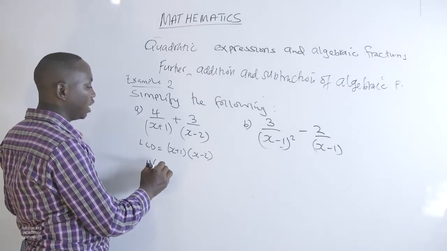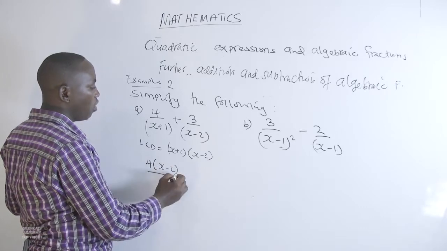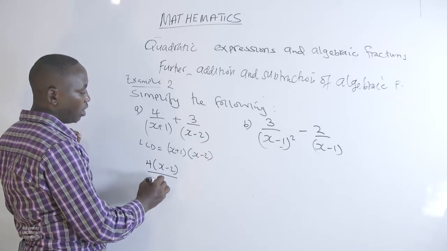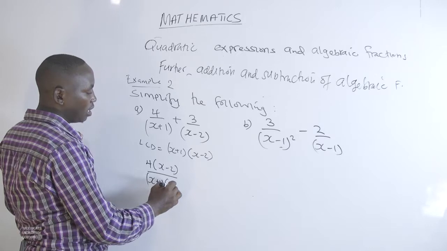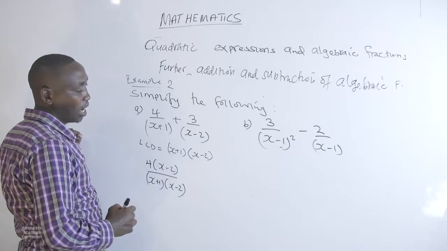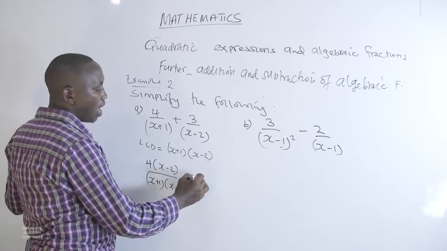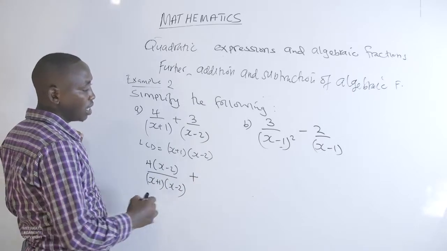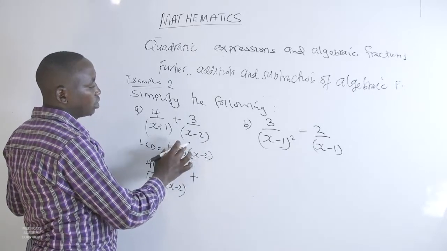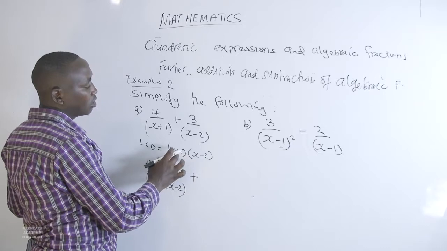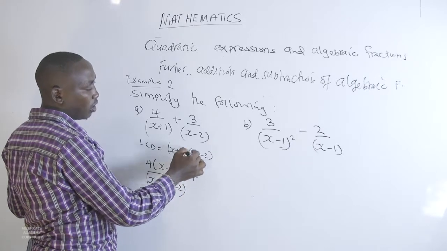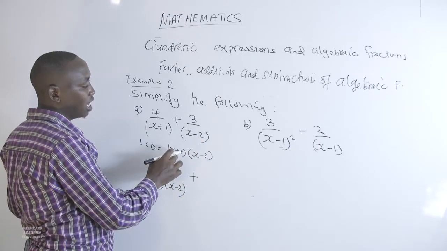So we're going to have 4 into x subtract 2 over the new denominator, which is x plus 1, x minus 2, added to... x minus 2 goes into x plus 1, x minus 2. It will go off with that, leaving you with x plus 1.